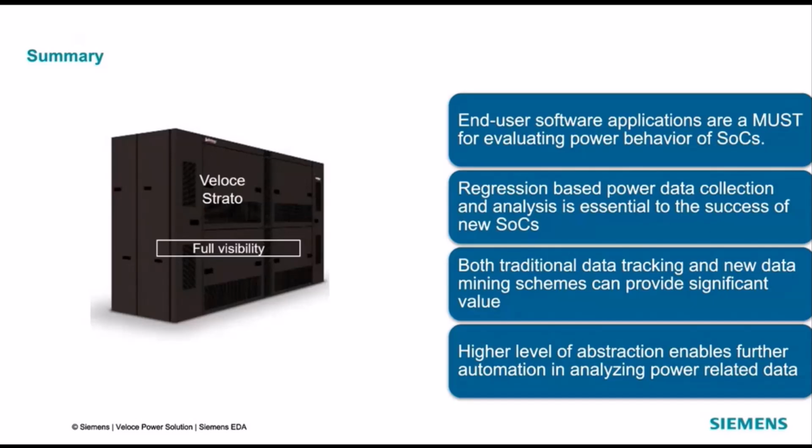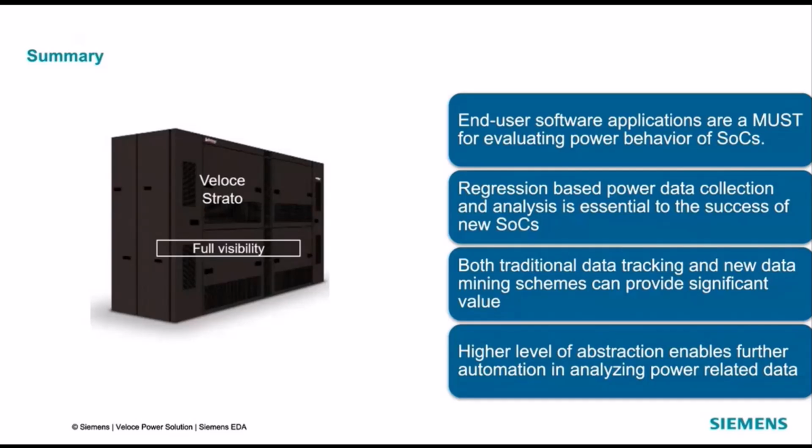And for that, you really need a way of analysis. So what we presented is both traditional data tracking, which enables you to look at each week of your RTL and power behavior and how the trends look, and a new data mining scheme, which can provide significant value to get to the key items to look at.